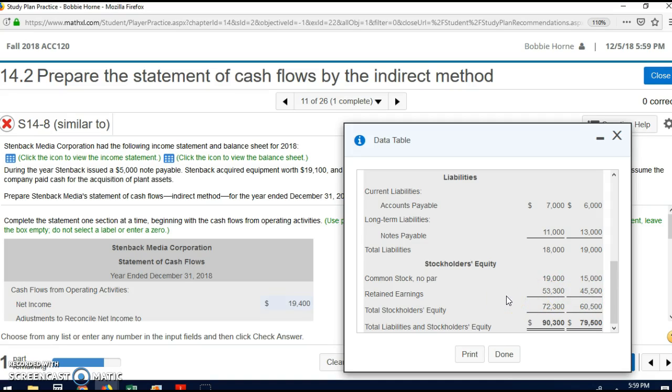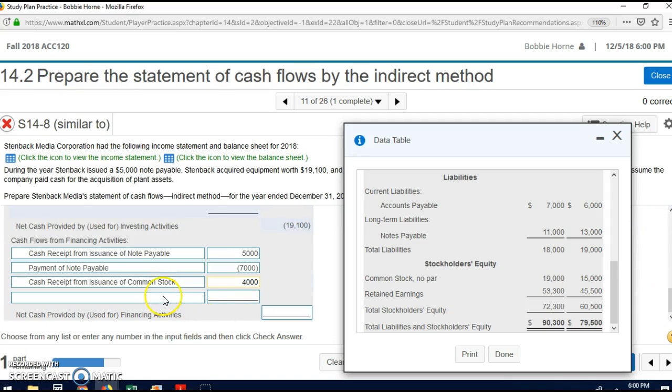So let's look. $53,300 minus $45,500 is a change of $7,800. So take what net income was supposed to be, $19,400, and subtract out the, I believe it was $6,800. And that will tell you how much in dividends was paid.